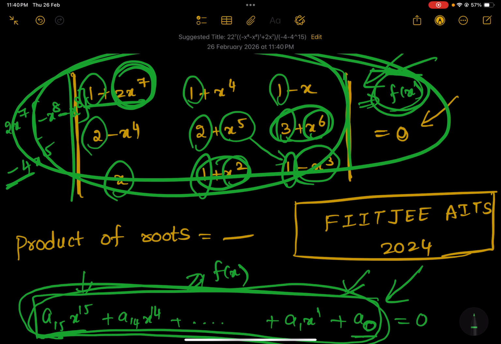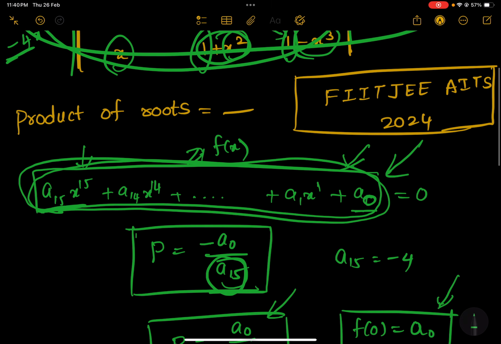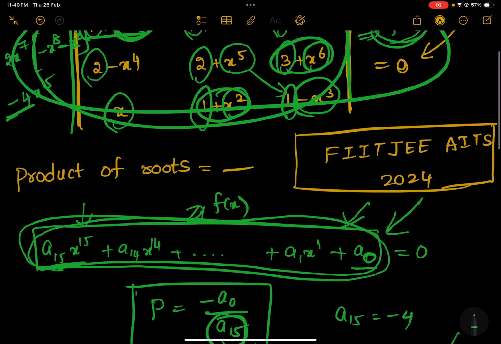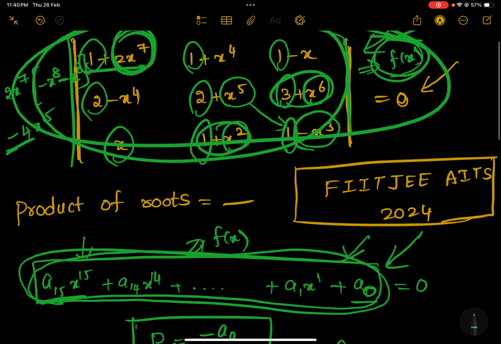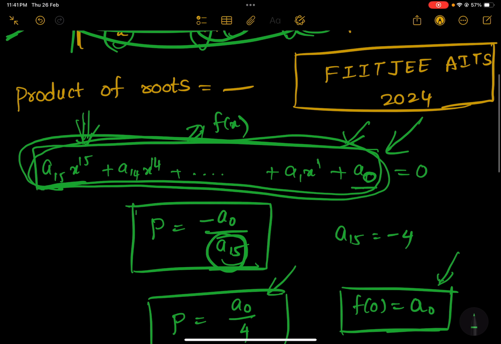This is the product of the roots of the equation given. I hope you have got something to learn from this video. Instead of mindlessly expanding the determinant, finding the polynomial and then using the formula for the product of the roots, we made a few observations. The first observation is that the degree of the polynomial is 15. The second is that the product of the roots is this, since it is an odd degree polynomial.